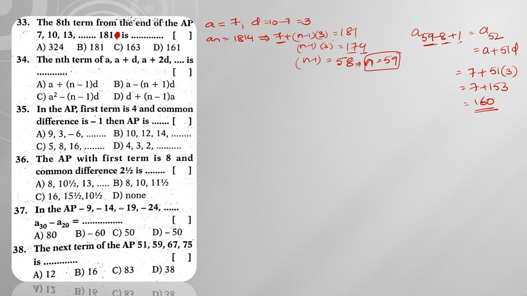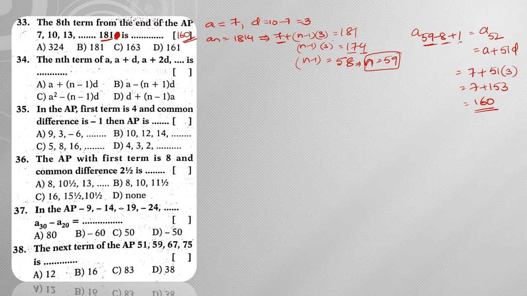So hence the answer would be 160 here, but there is no option here. So whenever the value is 181, then only these options are possible. So clearly the answer is 160.